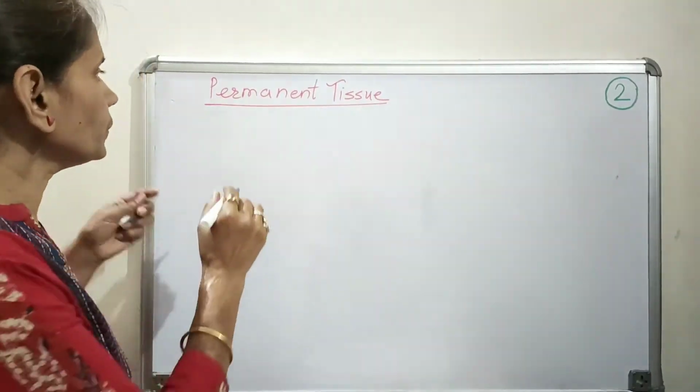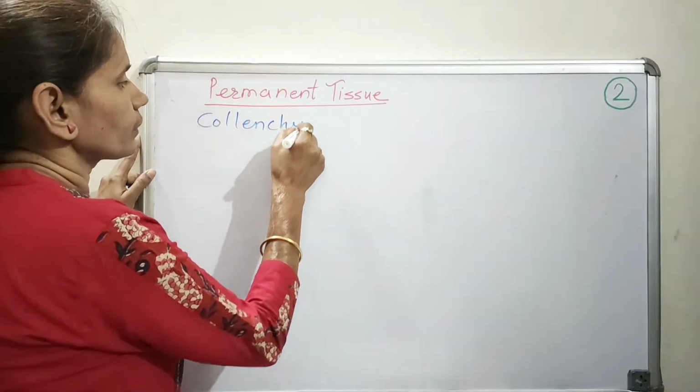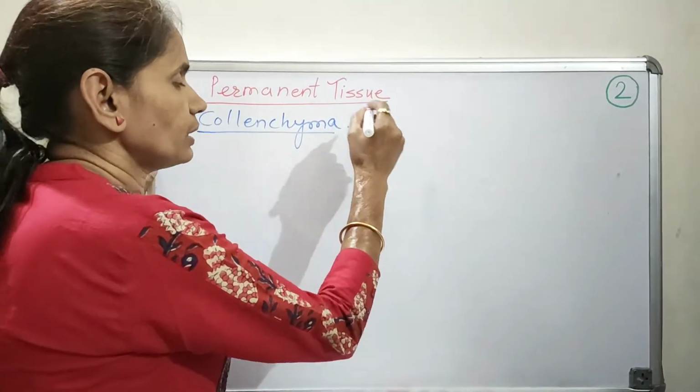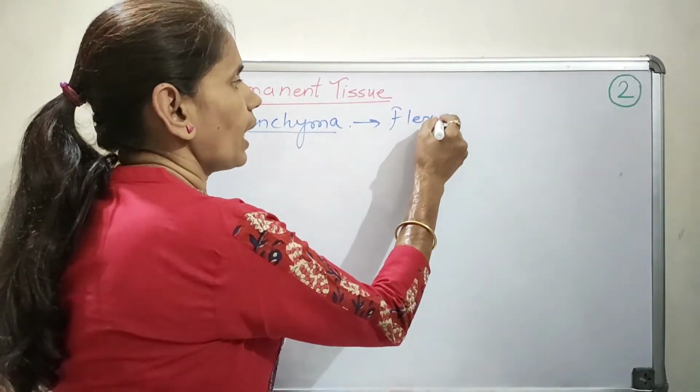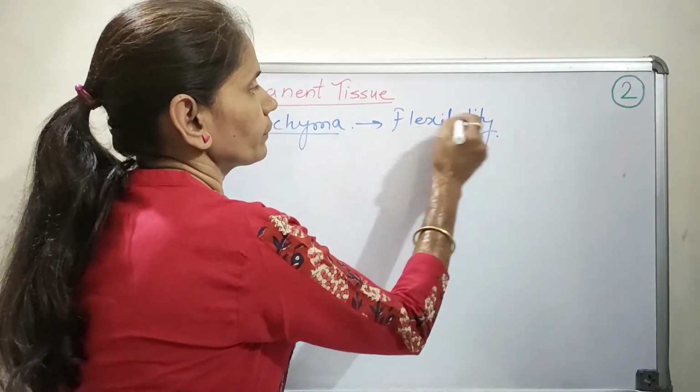The next permanent tissue in the supportive role is the collenchyma. Now the major thing is that the flexibility of the plant is due to this collenchyma.